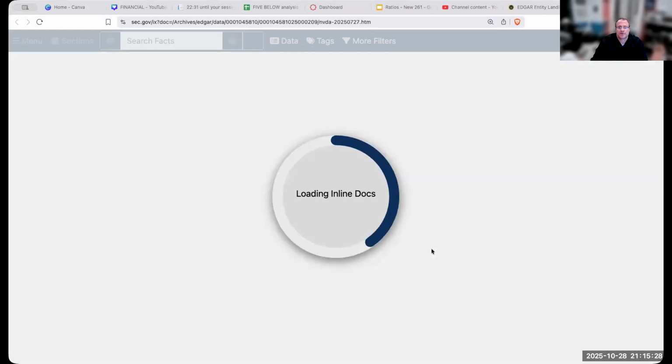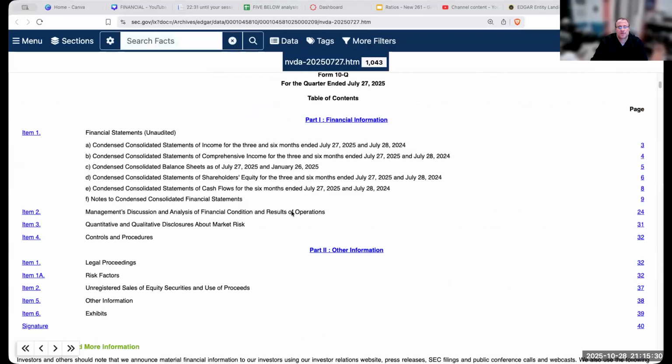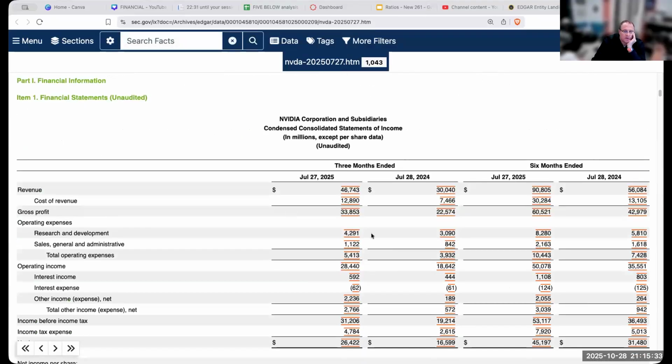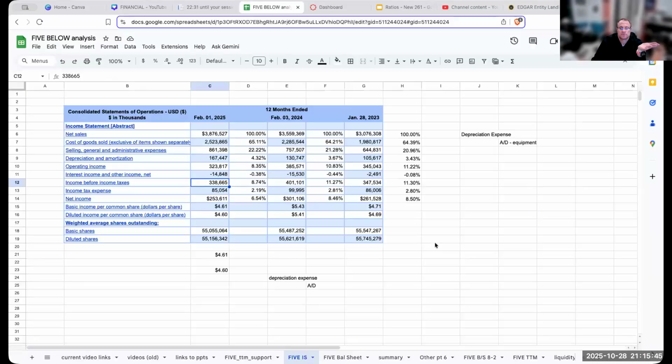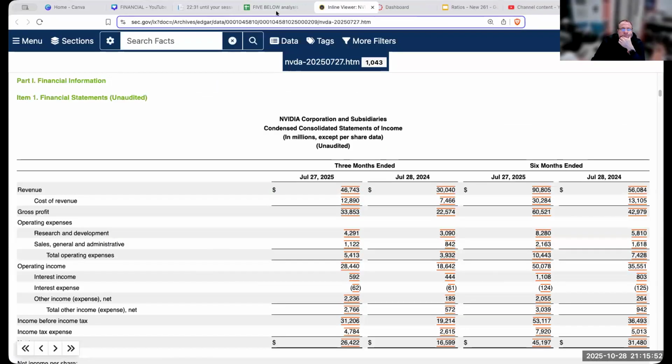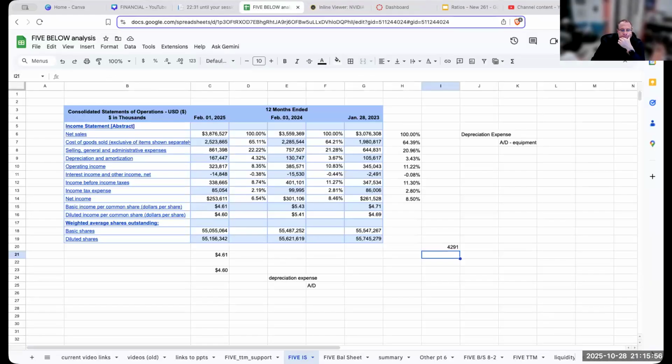So if I'm looking at this for NVIDIA, you see over here my R&D as a percentage of total revenue is roughly about 10%.